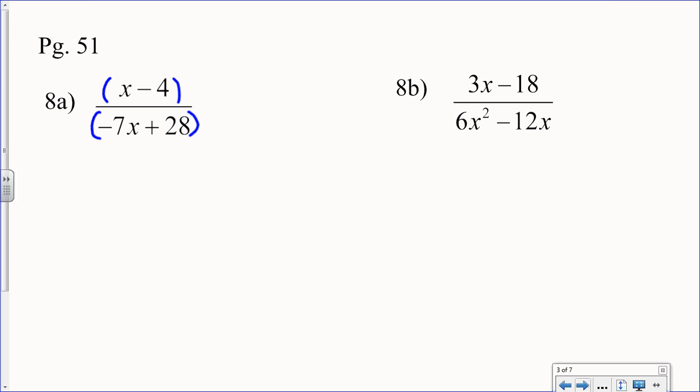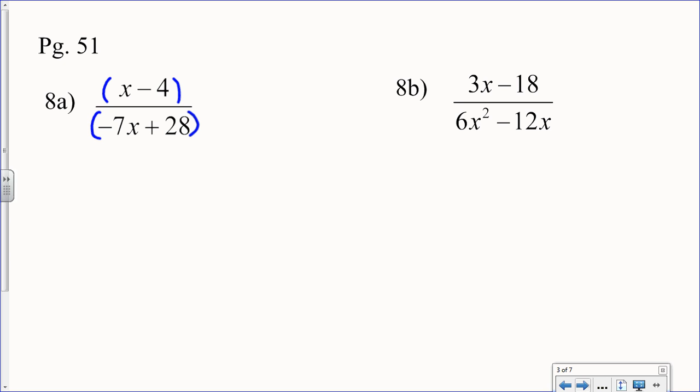So I can't cancel individual terms inside those parentheses. I cannot do this. I cannot cancel those x's like that. You can cancel a whole factor, or when your things are pulled on the outside.